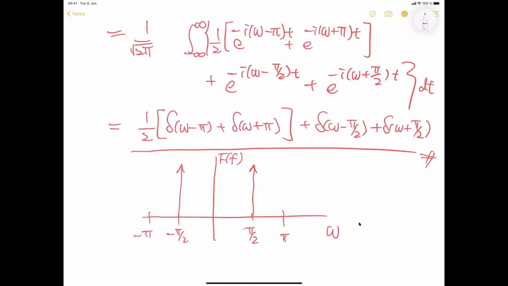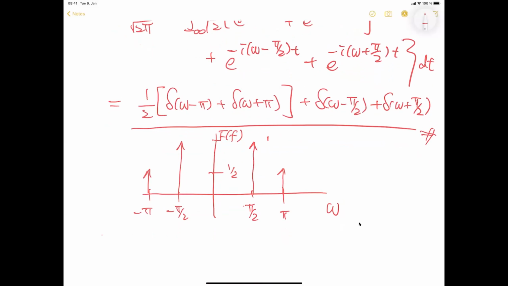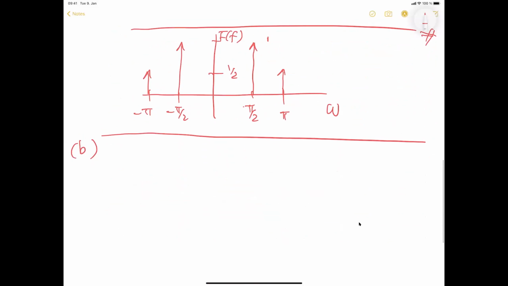On the other hand, at omega equal to plus or minus pi, the strength is 1/2. So this is our result for the Fourier transform. This ends part A. Now let's go back to part B, and let's open the question list again.